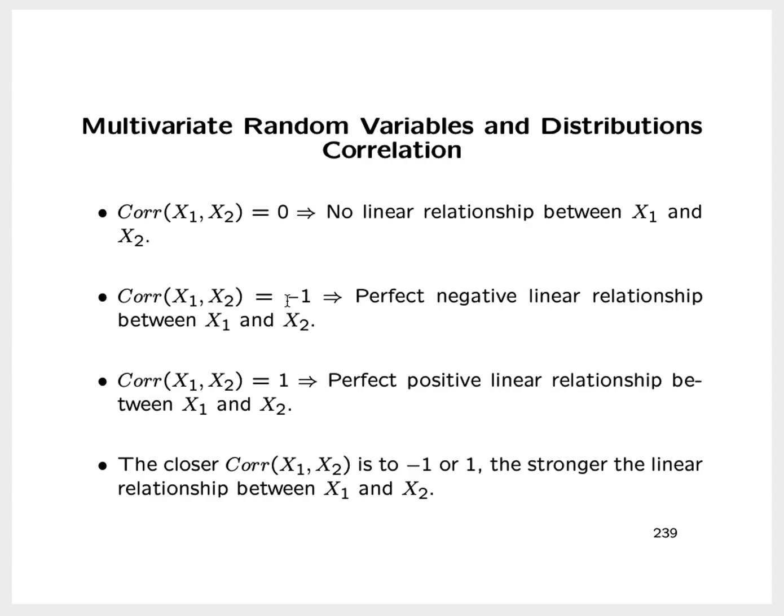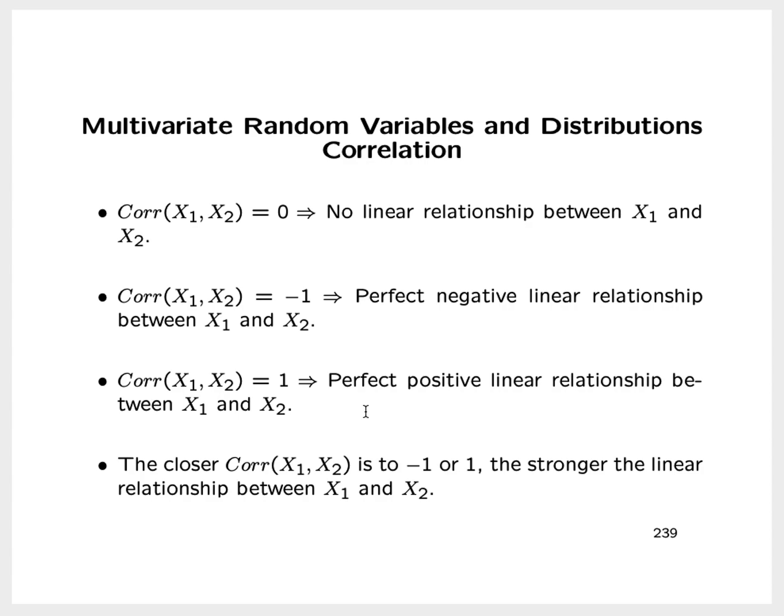If the correlation is -1, then there's a perfect negative linear relationship between x1 and x2, and if the correlation is +1, then that implies that there's a perfect positive linear relationship between the two random variables.